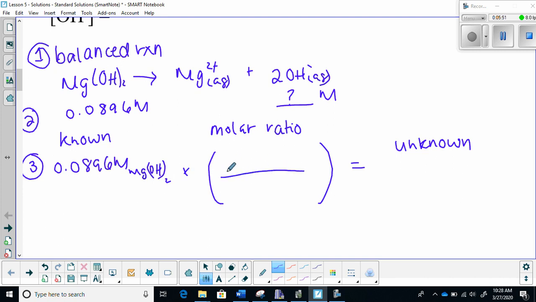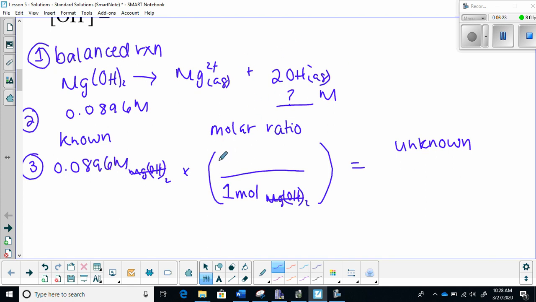So we need to get rid of magnesium hydroxide down here. And to do that, I need to find the molar ratio of magnesium hydroxide, which is 1. Remember, 1s are invisible in chemistry. So 1 mole of magnesium hydroxide. This allows us to cancel out magnesium hydroxide. Now, we are looking for this guy.